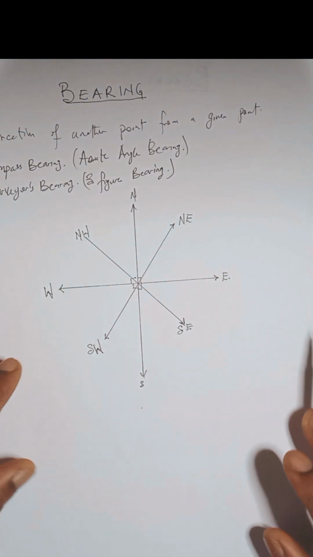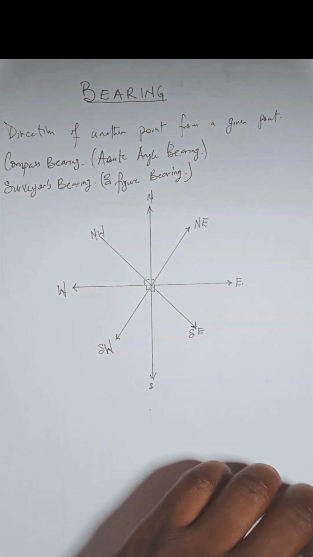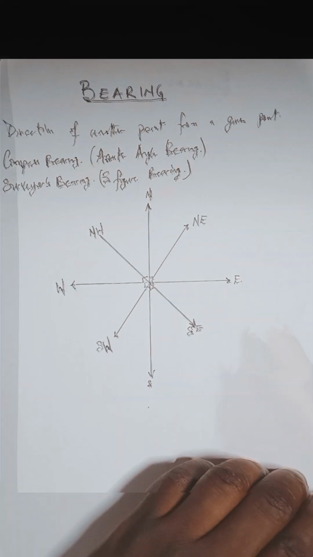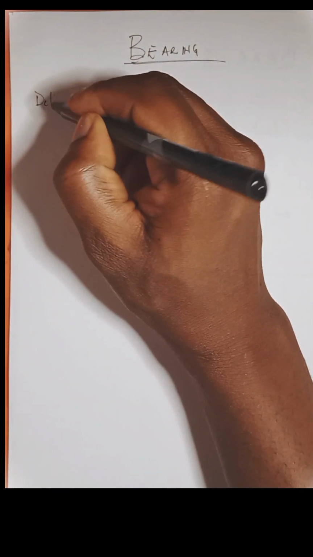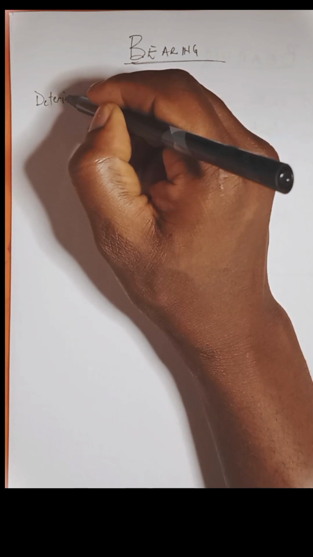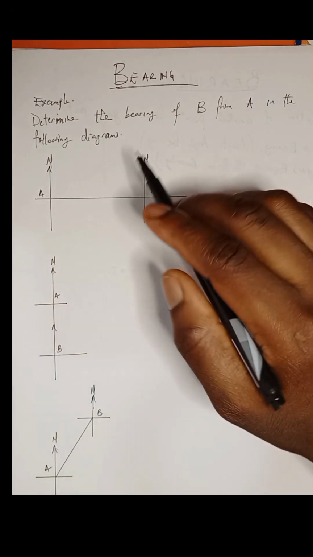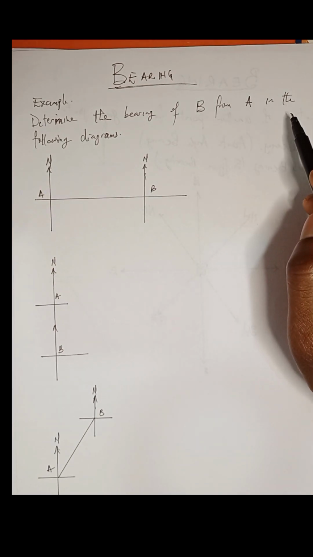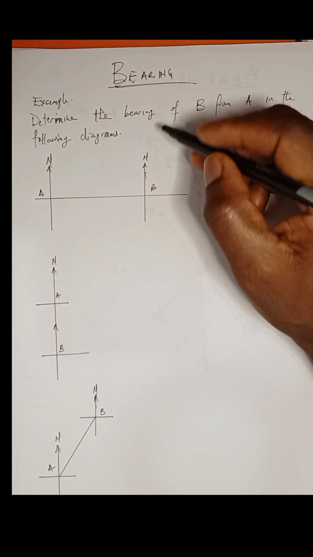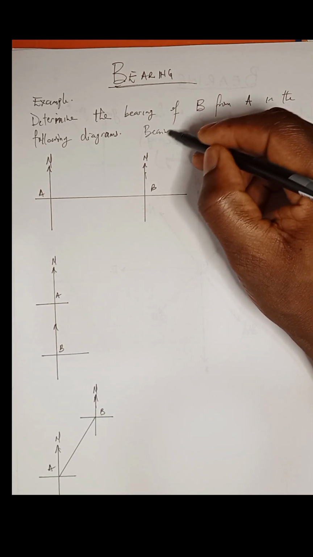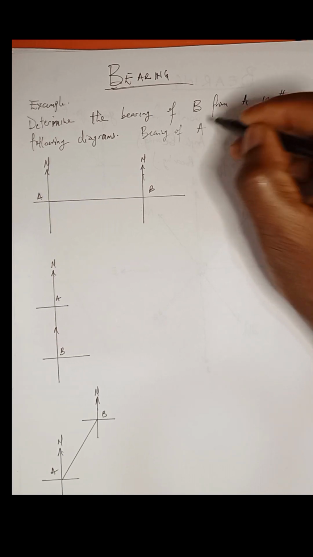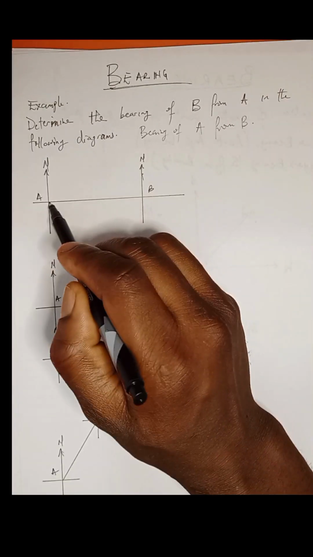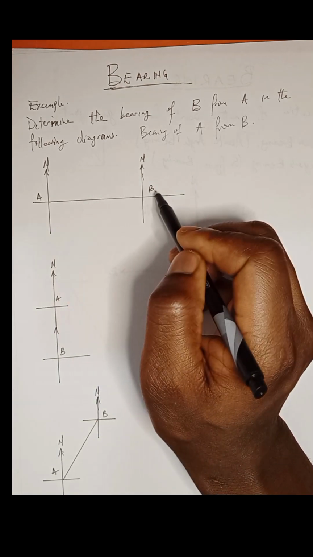So let's see how this is applied in the acute angle bearing. In the following diagrams we are going to be determining the bearing of B from A, and also the bearing of A from B. Standing at A, what direction would I go to B?